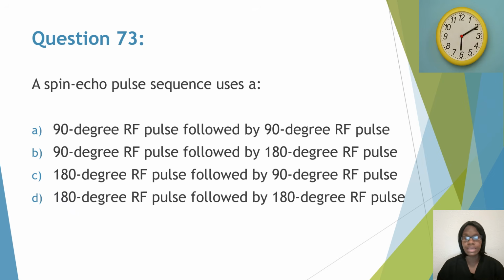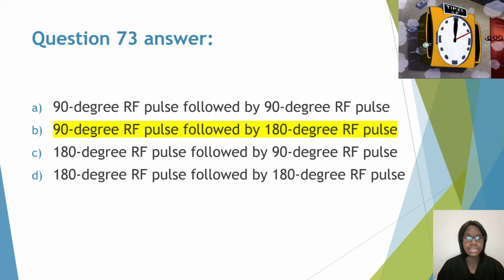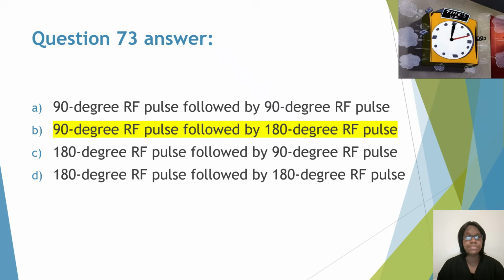All right, the correct answer is B, 90-degree RF pulse followed by 180-degree RF pulse.